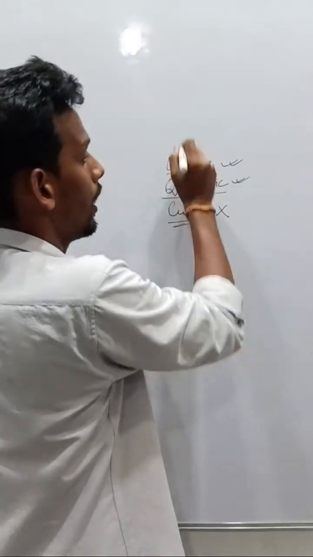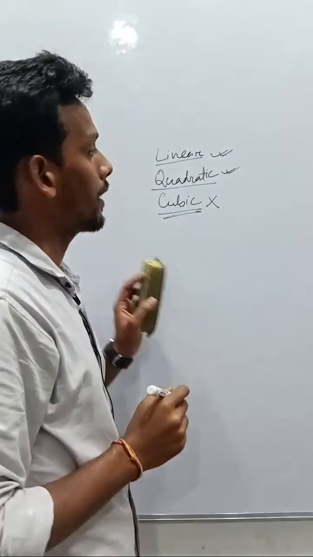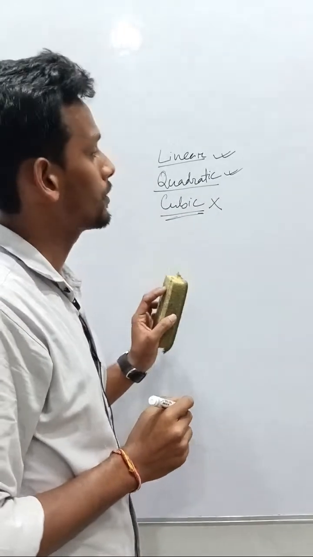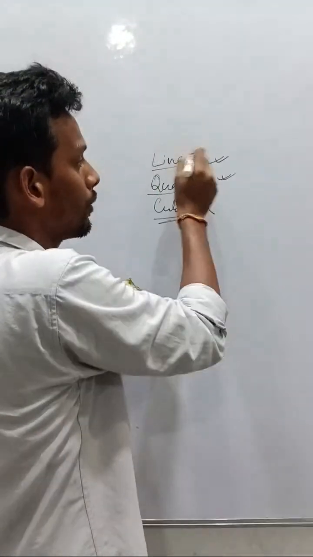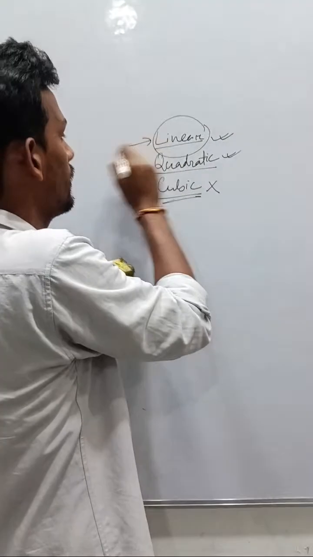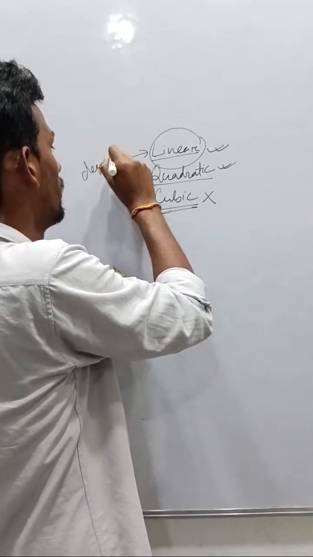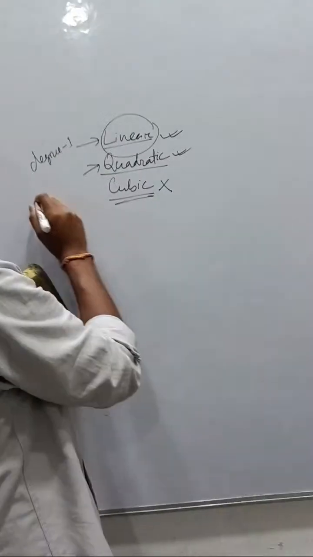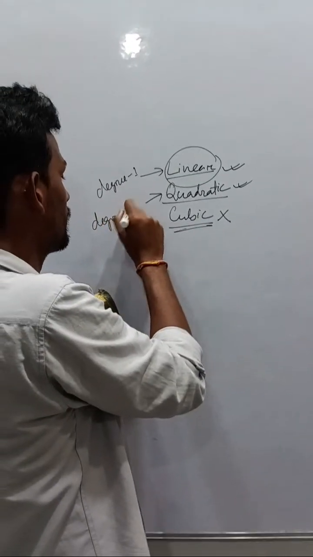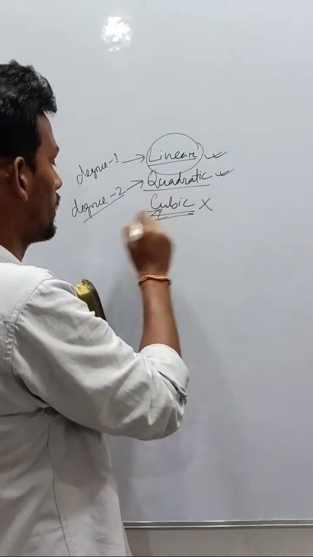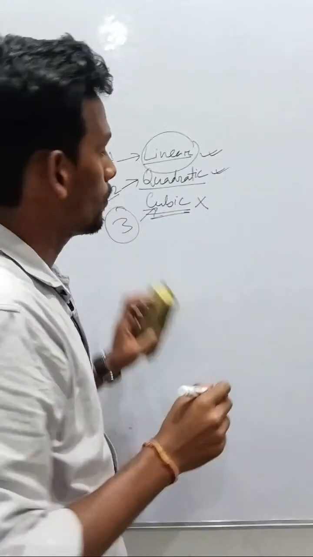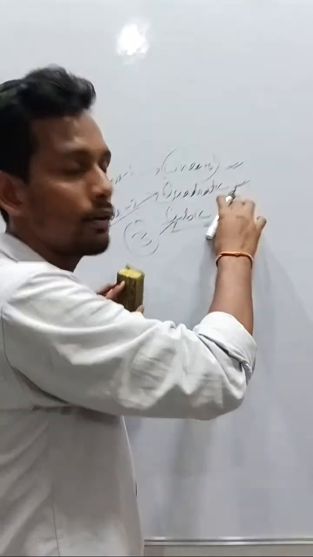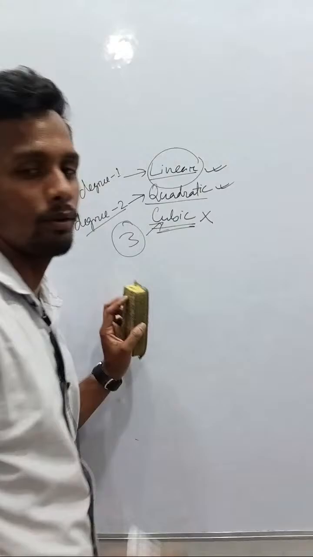Degree means the greatest power of the expression. In linear polynomial, the degree is 1. In quadratic polynomial, the degree is 2. In cubic, it is 3. So based on the degree, polynomials are divided into linear, quadratic and cubic.